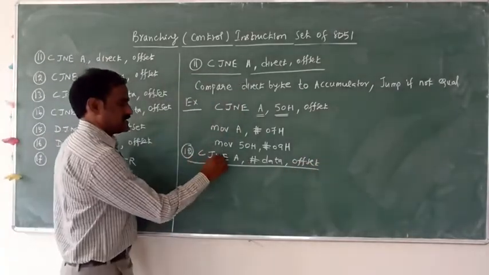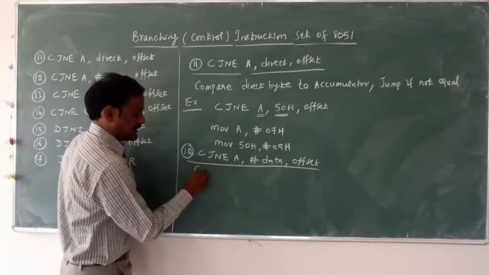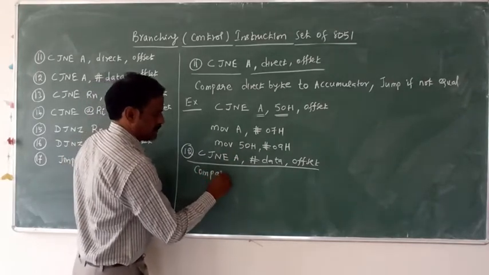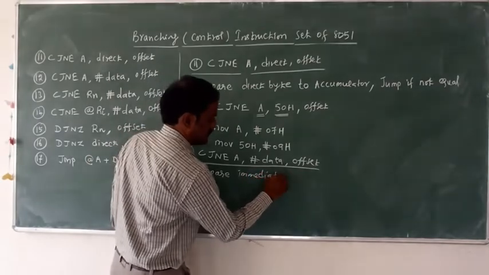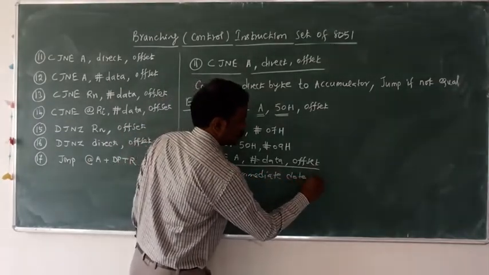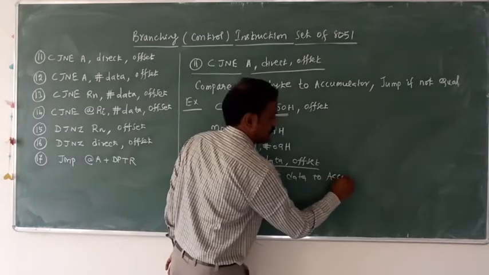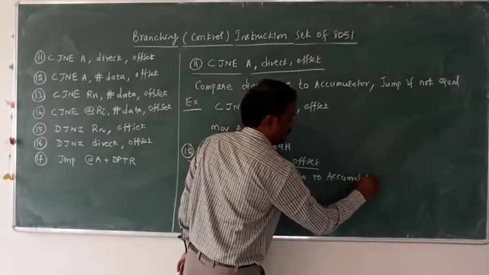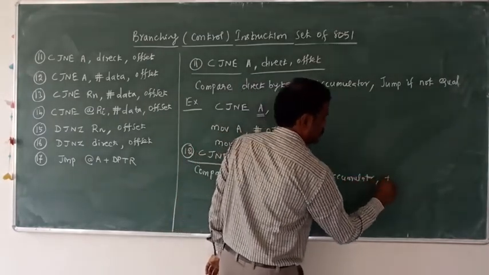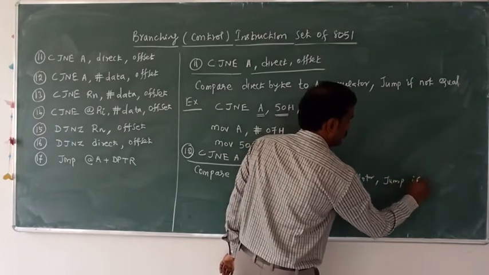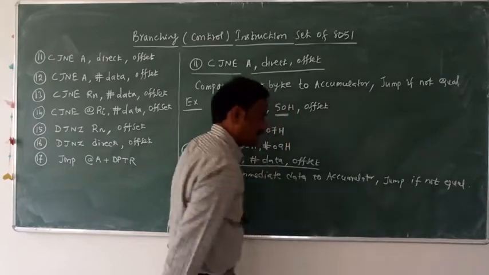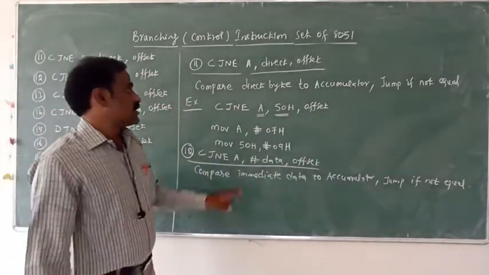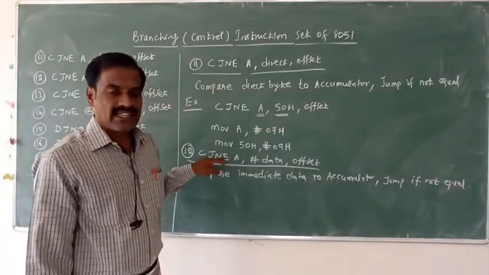CJNE A comma hash means compare immediate data to accumulator, jump if not equal. Both compare the two data.